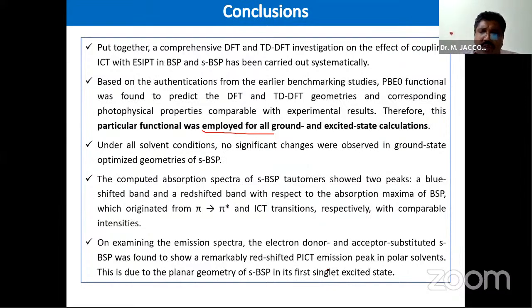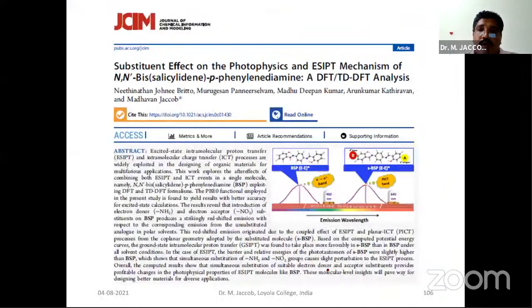That's why we did a lot of analysis in this particular paper and tried to satisfy the needs of the reviewers. We got a satisfied result among nearly 4 reviewers, and finally we got a successful publication in JCIM, Journal of Chemical Information and Modeling.